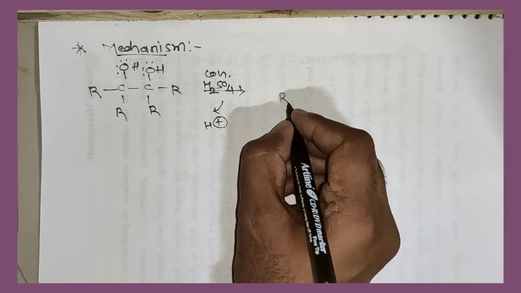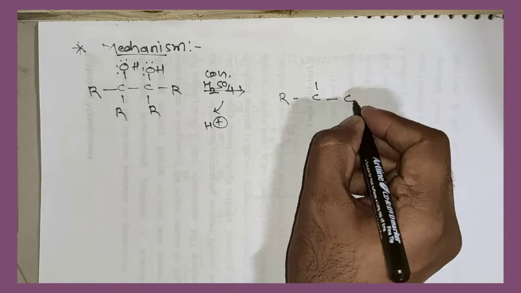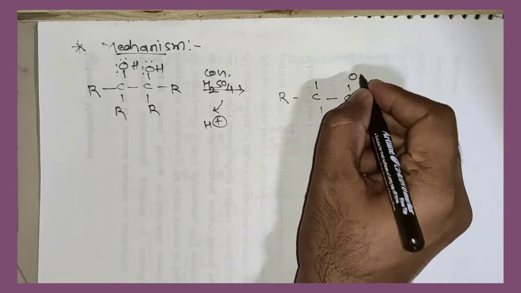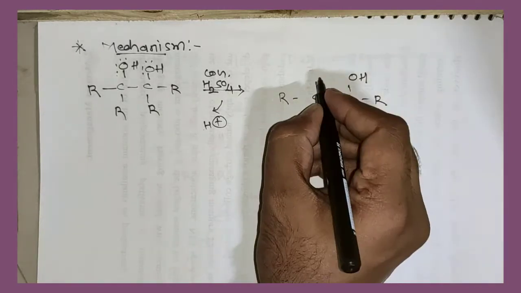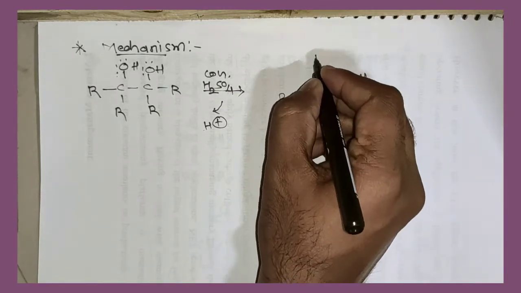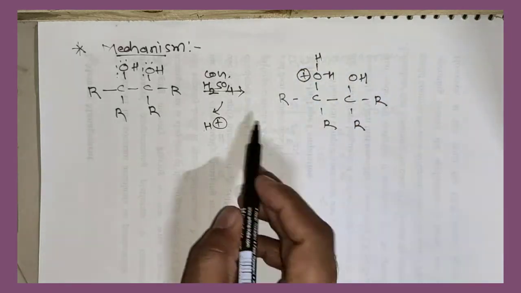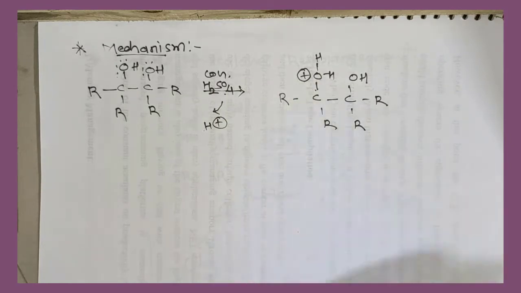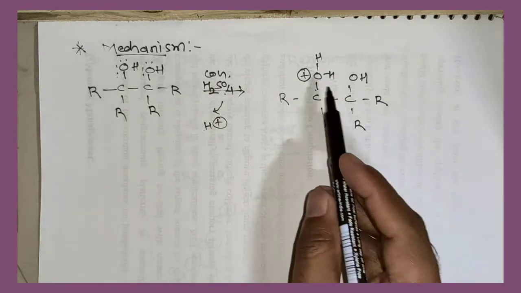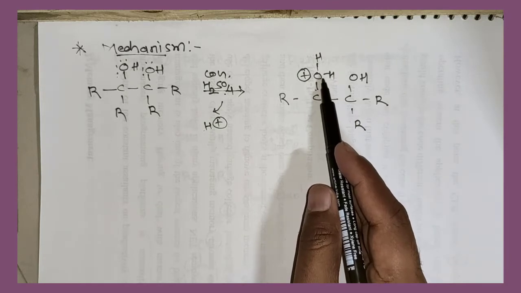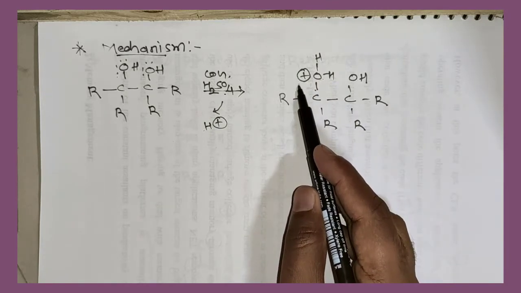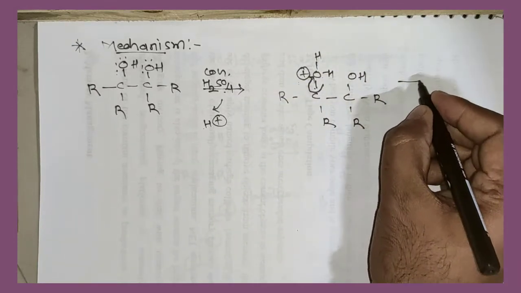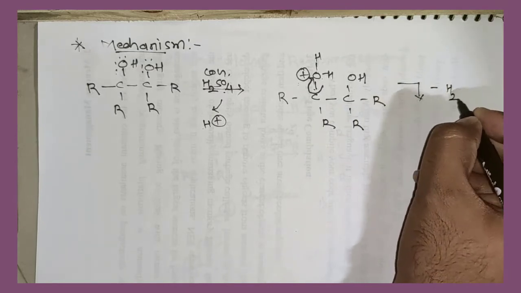So here R, C, the remaining R is as it is, one OH group is as it is, and one OH group is attached with one more H, which comes from the sulfuric acid. So here oxygen carries three valencies, that's why it has a positive charge. Now, as we know, oxygen is a more electronegative element, so oxygen never possesses a positive charge, that's why it attracts the bonding electron pair toward itself and leaves the molecule as a water molecule.